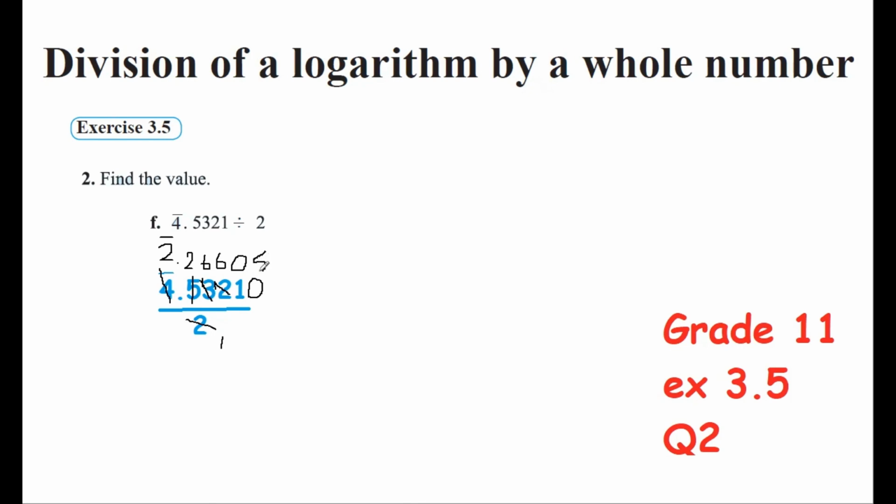But here in the logarithm, if you are taking the number and dividing further, when you turn it to the anti-log, the value does not change. So you can stop over here.